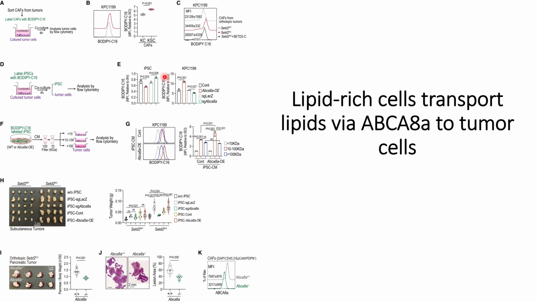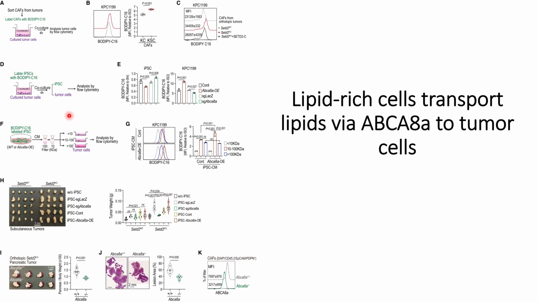It can be seen from the 4th column, where the BODIPY C16 signal is high in the iPSC but lower in KPC1199, indicating that this lipid transport does not occur from the iPSC cells to the KPC1199, and that ABCA8a is responsible for this transport of the lipid from the lipid-laden cells to the tumor cells.